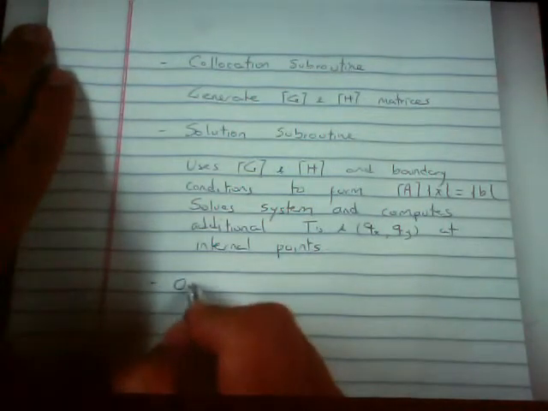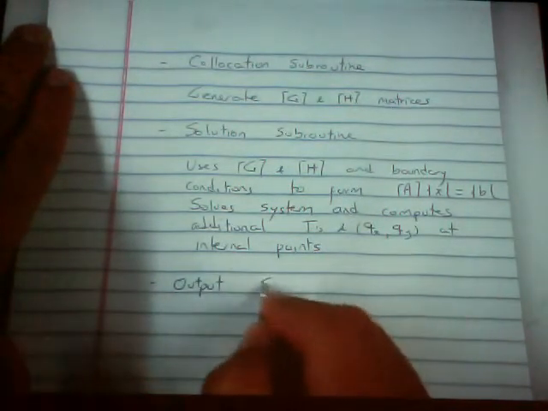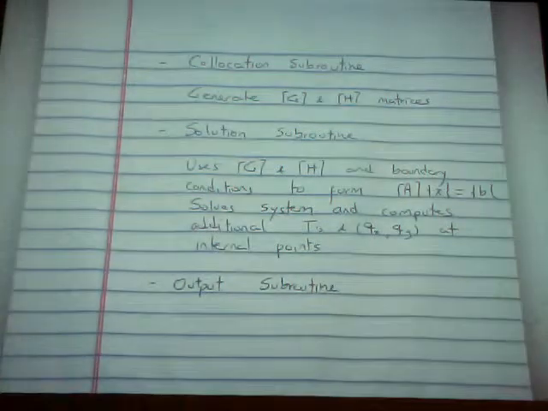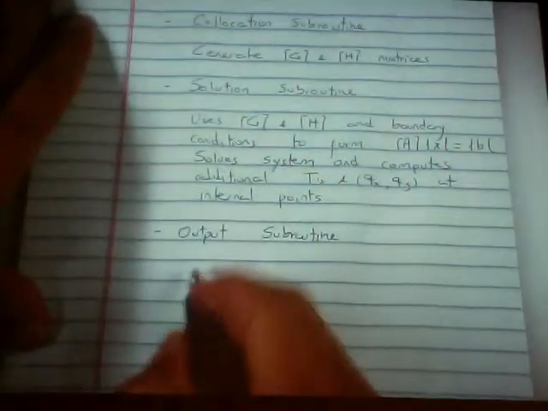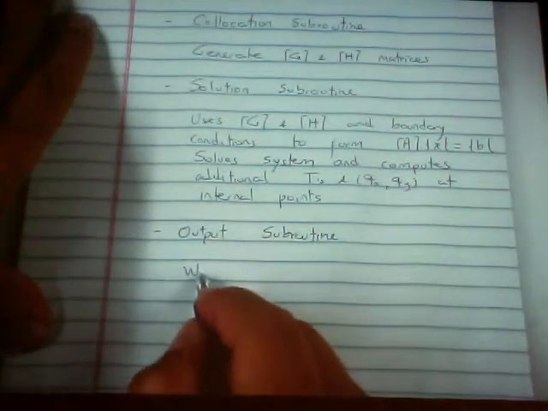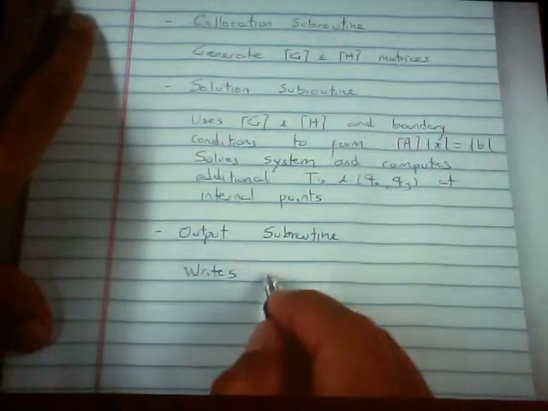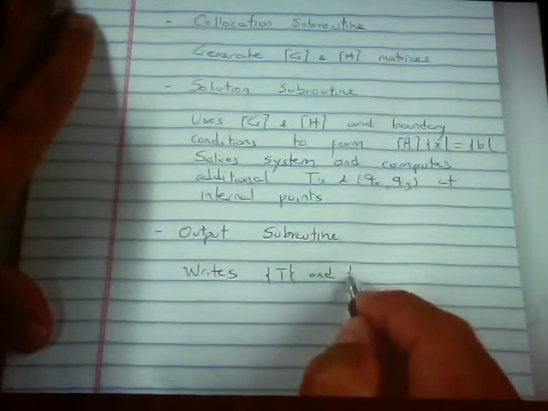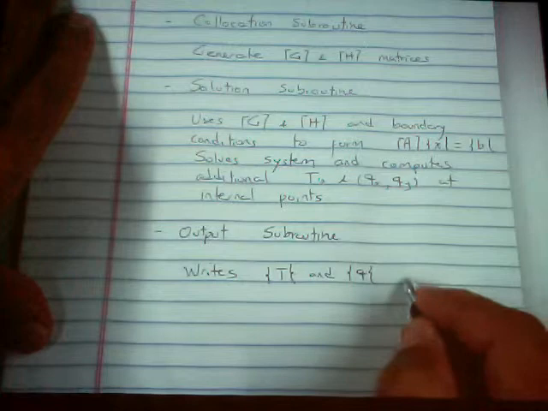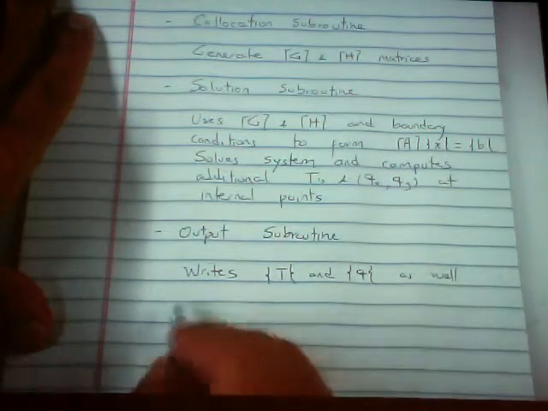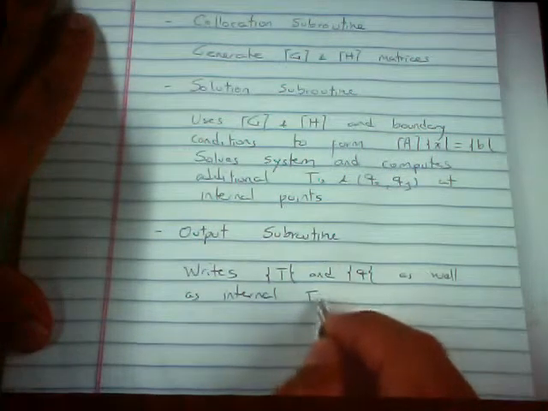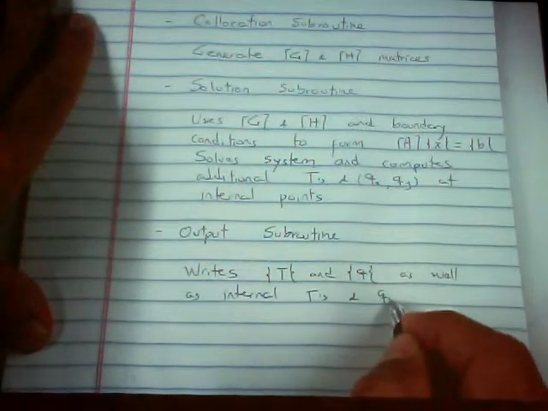And then finally the output subroutine. It writes T and Q as well as internal T's and Qx, Qy's.